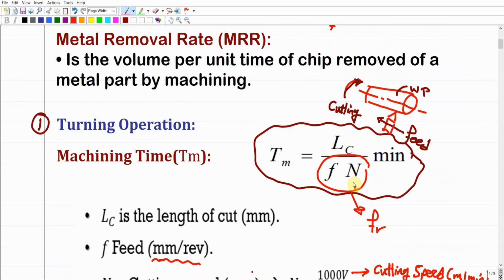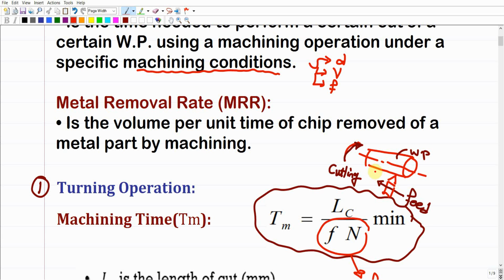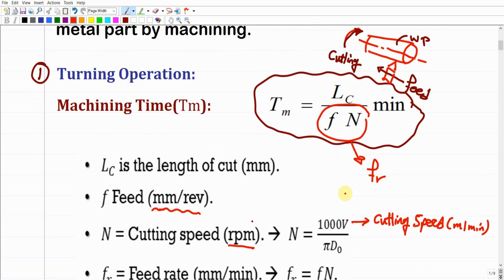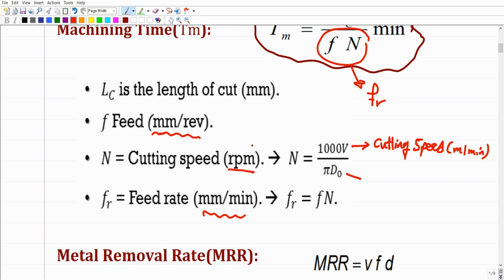This is the diameter of the work part, because the main objective of the turning operation, as we discussed before, is to decrease the diameter from D0 to D1, or to a lower diameter. So here we are dividing by the original diameter. This is the original diameter of the work part that you have.